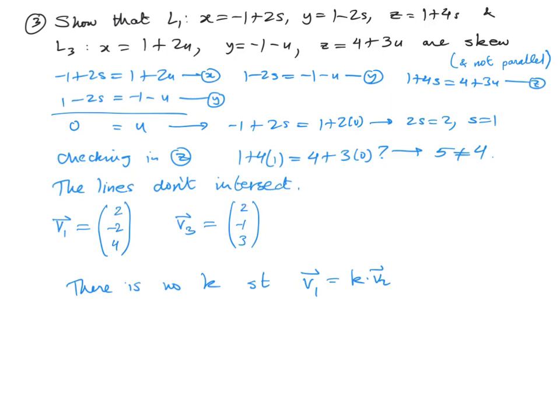So the only k that would work for x would be if k equals 1, but clearly the y's are not the same and the z's are not the same. So there is no k that works. So V1 is not parallel to V3. So the lines are skew, because either the lines were parallel or they were skew, and they're not parallel. So that's the only other option.